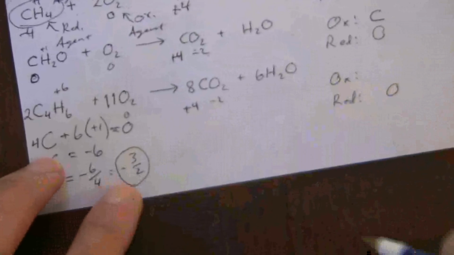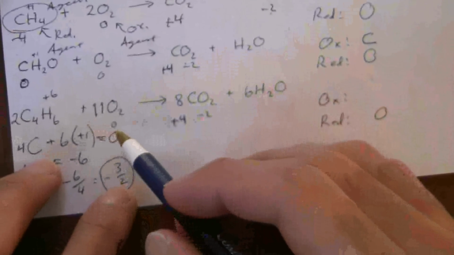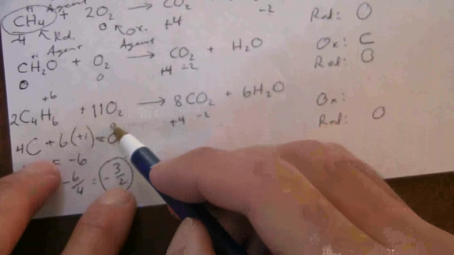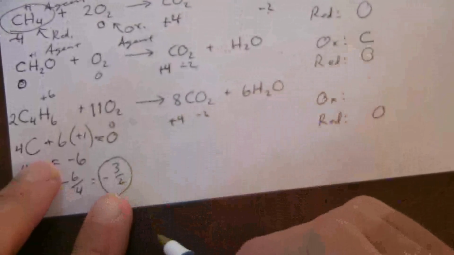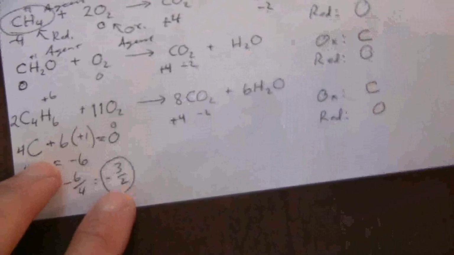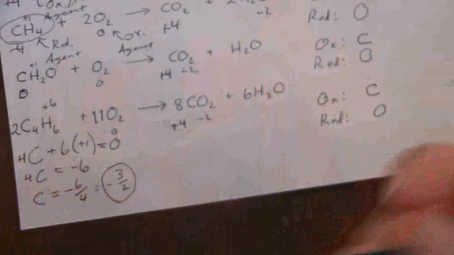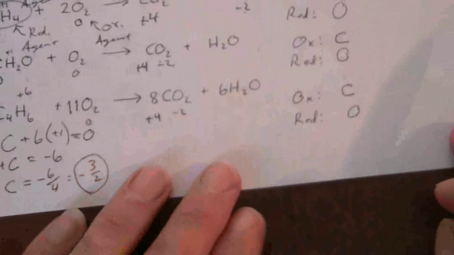But that's what we would go with, and it fits the theme where oxygen is being reduced, and here we're going from a -3/2 to +4, so that is being oxidized. Still fits the pairing up of the oxidation and reduction in the reaction.